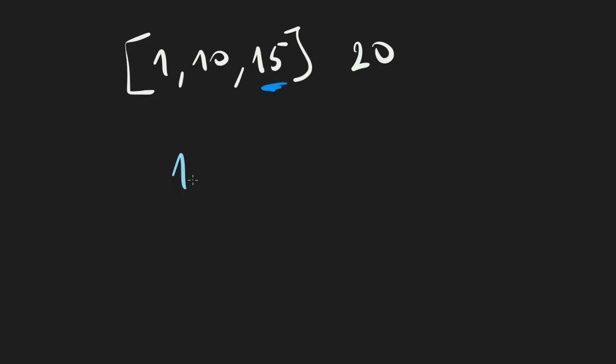Let's say that we have coins 1, 10, and 15, and the amount is 20. With the greedy approach, we would say, okay, let's take the biggest coin, so 15. So we would have 1 coin of 15 and 5 coins of 1, which is 6 coins, and this would be the wrong answer, right?